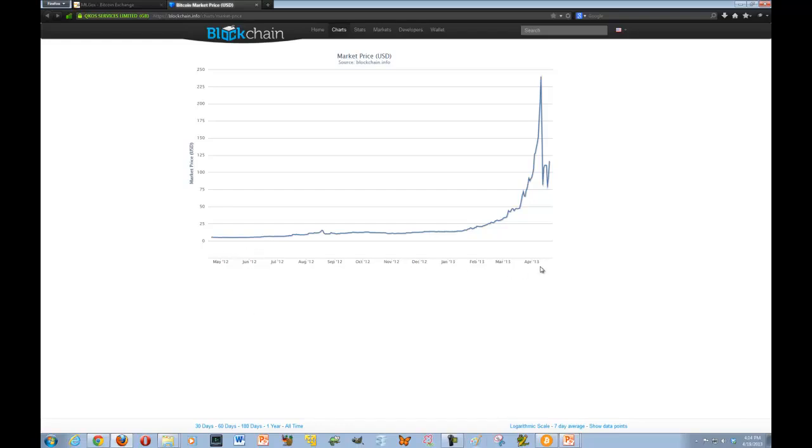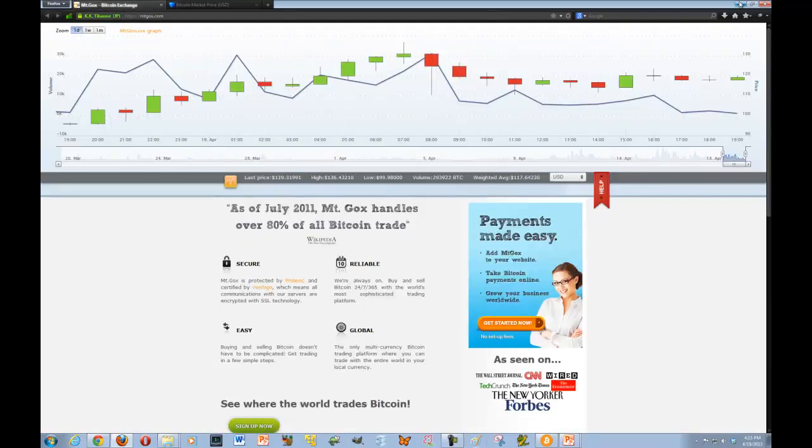And you can see in April and March and February, this is when we saw a massive price increase from about $14 per Bitcoin all the way up to roughly around 266, which was its top point. And then it went down, had a dead cat bounce, and went back up to, let's see here, today's price of 120, give or take.